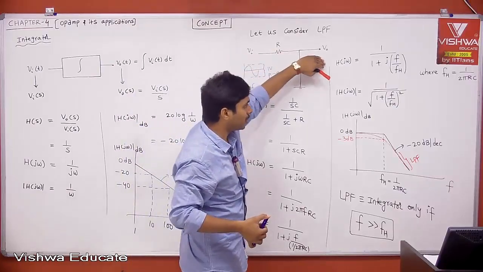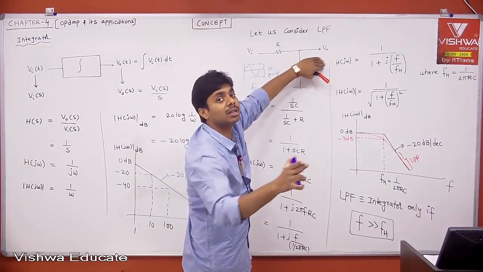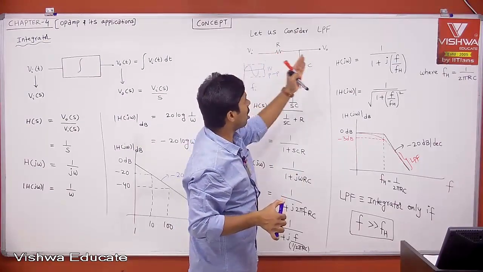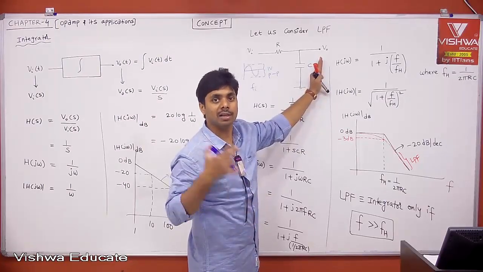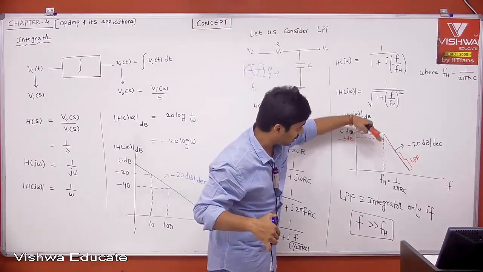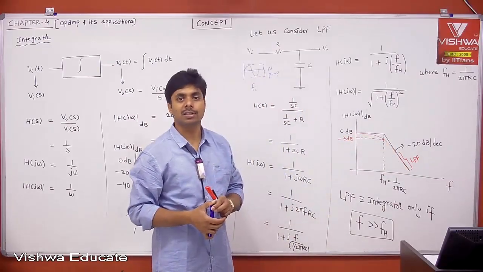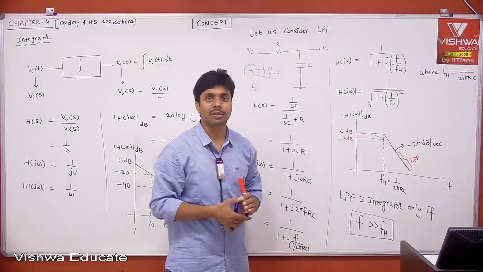If that much comes to the output, people say it is acceptable and the input signal is passed to the output. But if it is less than 0.707, as the output signal strength decreases, people say it is not accepted as the input being passed to the output.